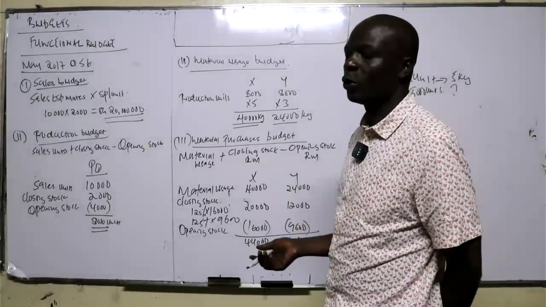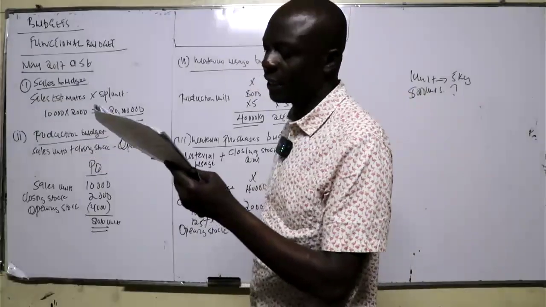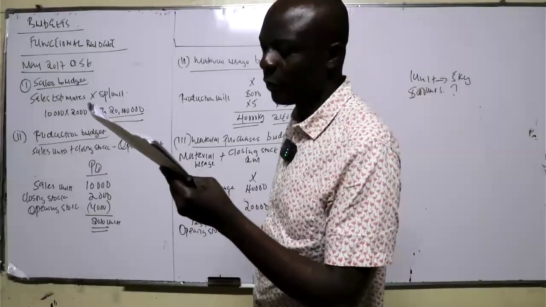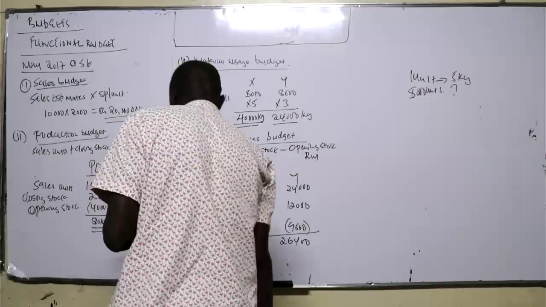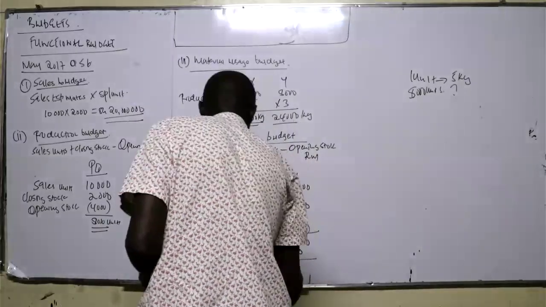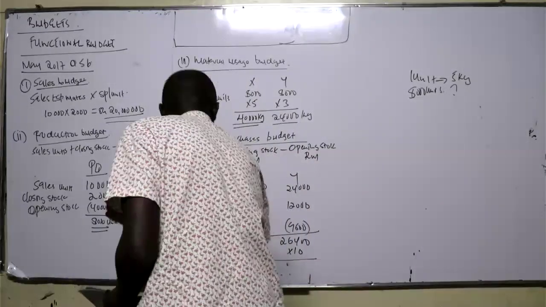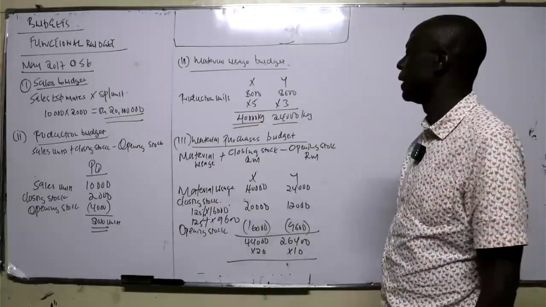Now purchases can also be in money. So we've been told one quantity of material, 1 kg, one component. Each component requires how many kg? 20. So you multiply by 20, and then you multiply by 10. So this is in units and in money. So 44,000 times 20, what do you get?